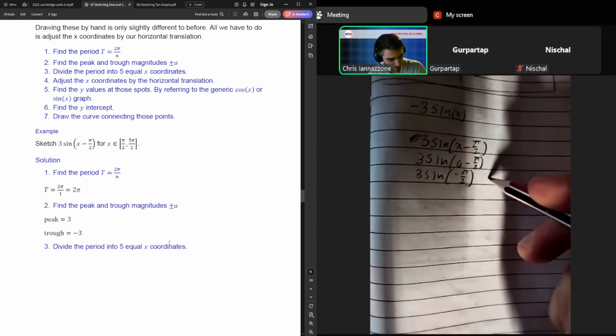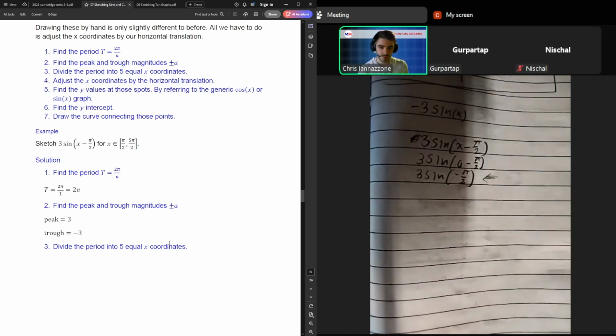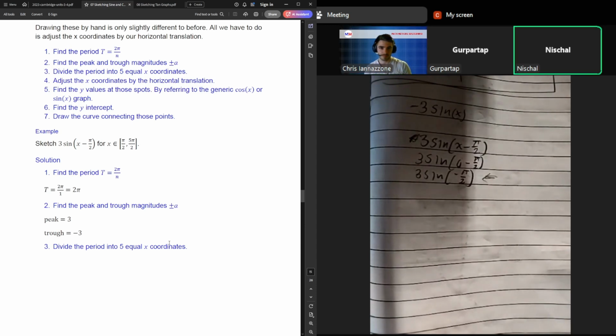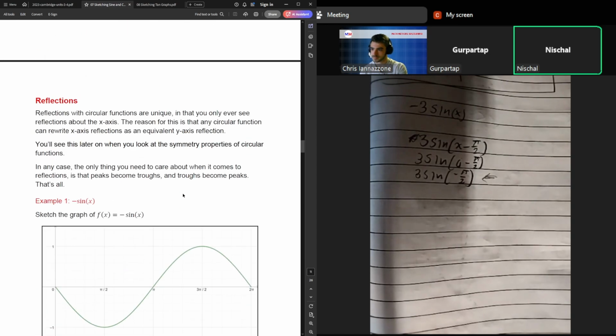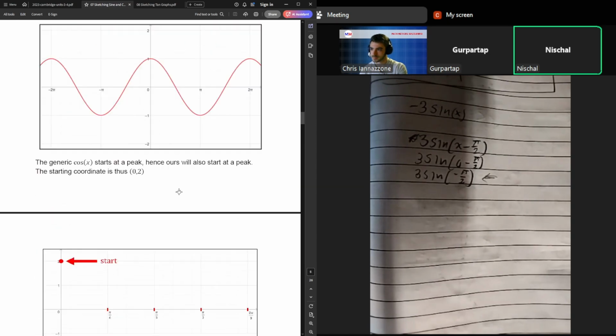Anyone have any trouble with solving these? I just had a quick question about still finding the period. You said it's 2 pi by n, and so then because we took n as the coefficient of x, and so in a previous example, I think you took n as like n of sine x, like 3 sine x.